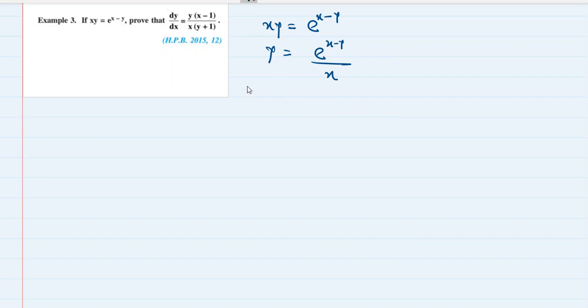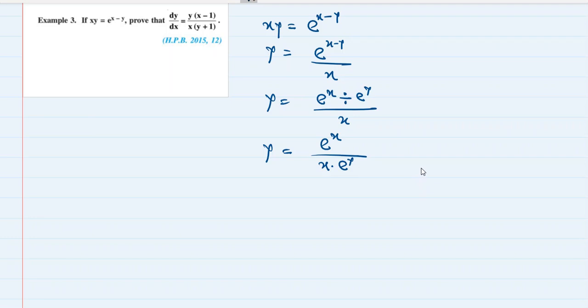So this will be y is equal to e raised to x divided by e raised to y, the whole upon x, and you can write it as y is equal to e raised to x upon x multiplied by e raised to y.